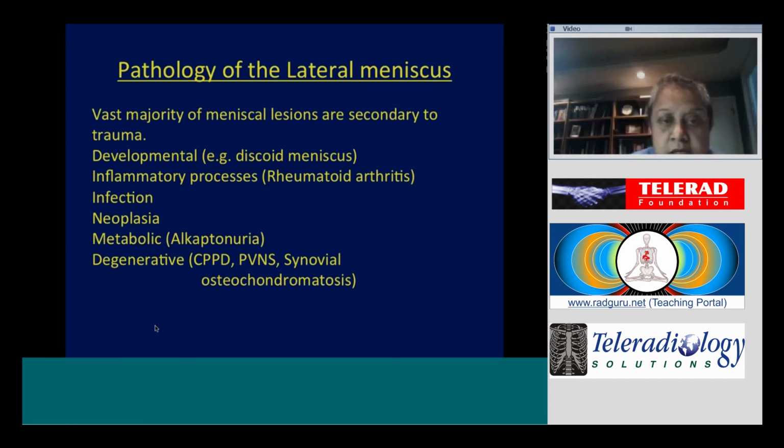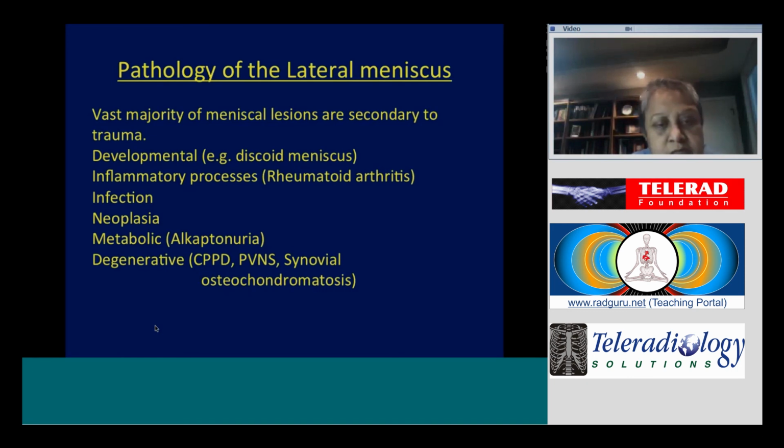Then you have inflammatory processes, infection, neoplasia, metabolic disorders such as alkaptonuria, and then degenerative changes such as CPPD, PVNS, and synovial osteochondromatosis. All these fall in the category of degenerative and miscellaneous.